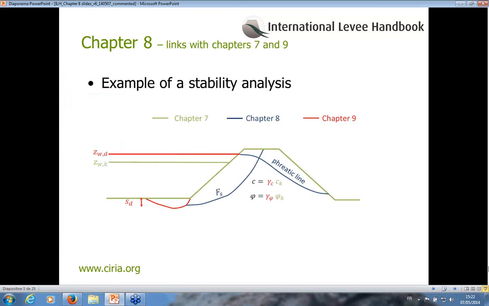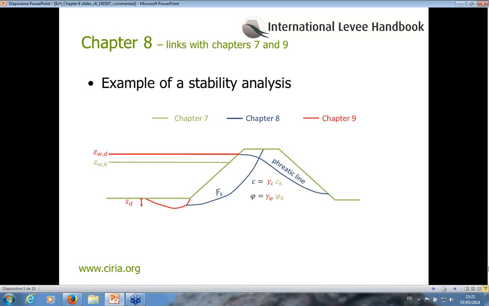For the purpose of levee assessment and design, Chapter 8 needs inputs from other complementary chapters, especially from chapters 7 and 9. This slide aims to illustrate the links between these chapters on a simplified example of stability analysis.